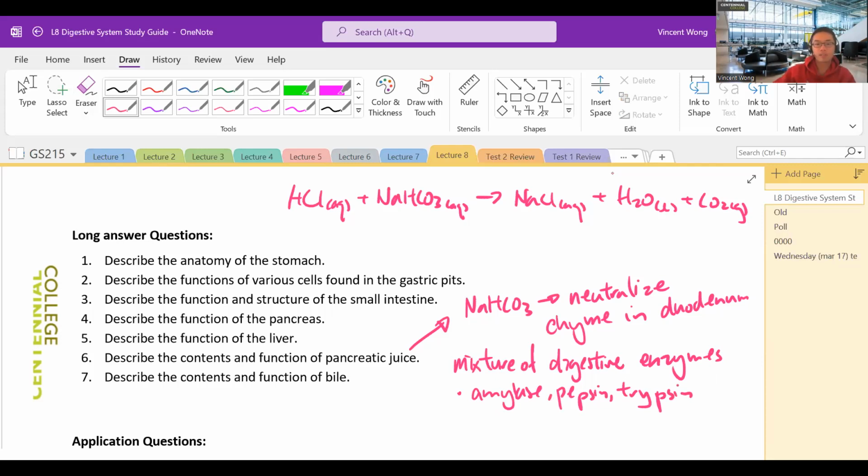All these digestive enzymes will also be secreted into the duodenum, and they will work together to break all the macromolecules in our food into monomers, so that we can absorb them later on in the jejunum and the ileum. Okay.